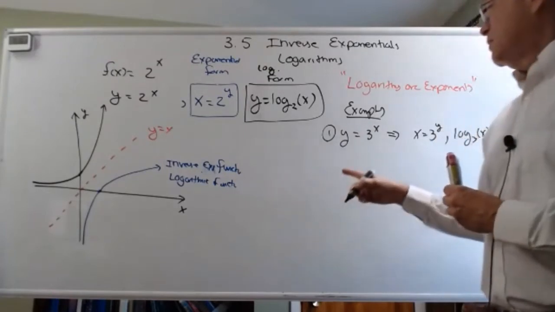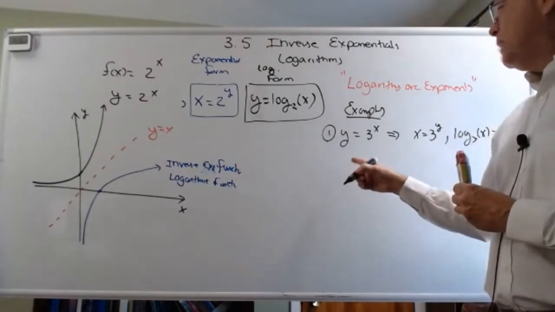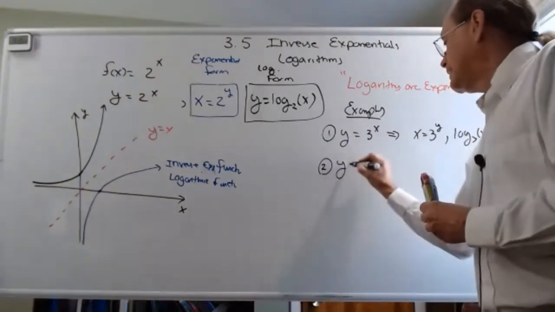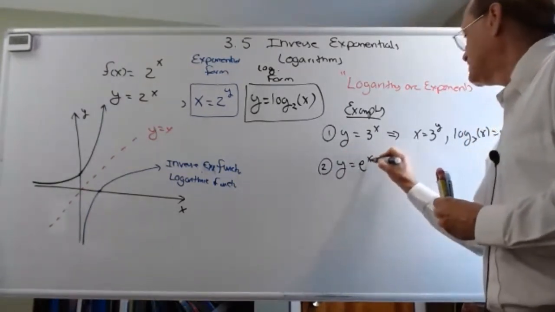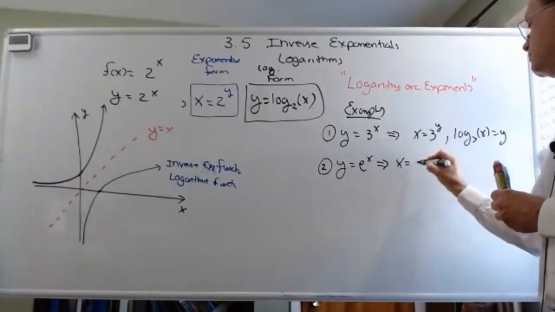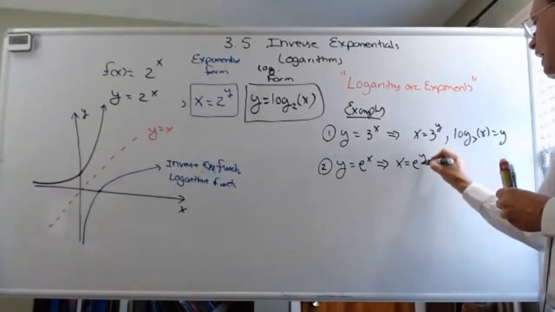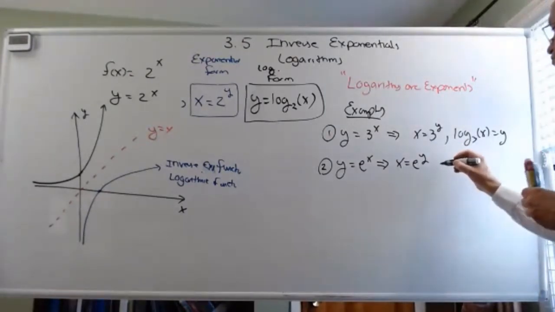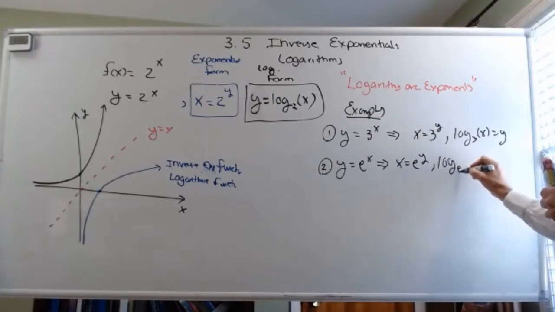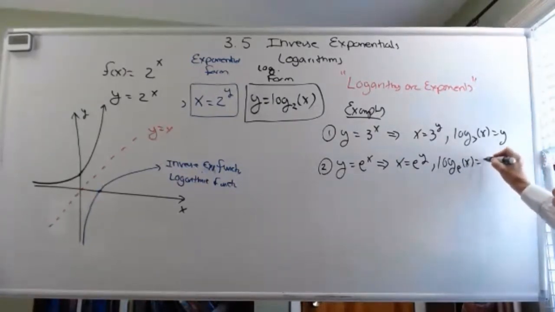The other day, we introduced our new base e, so you might have the other function, y equal to e to the x, or x equal to e to the y. You can write this as the log in the base e of x is equal to y.